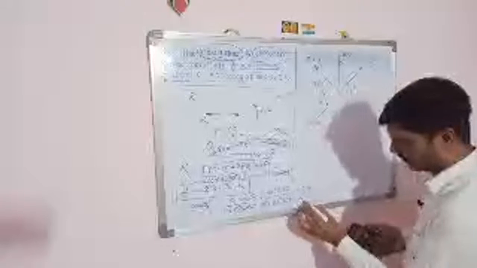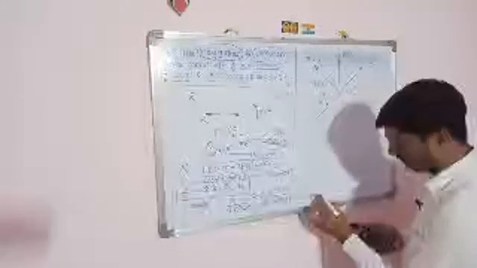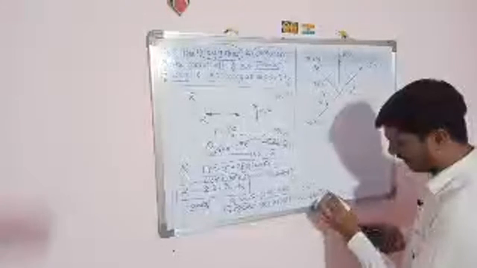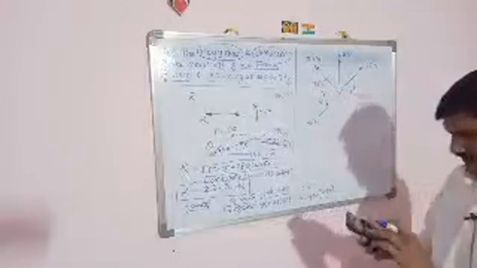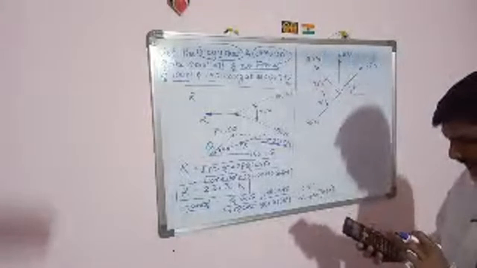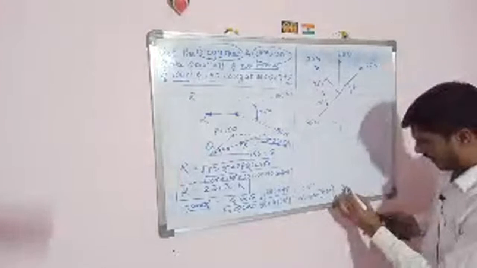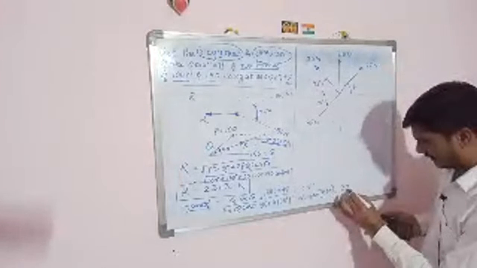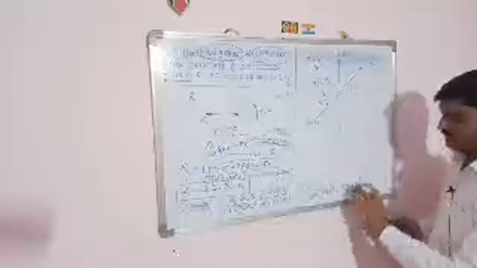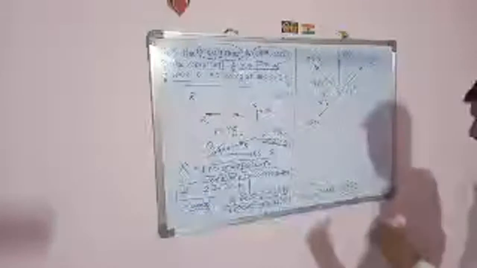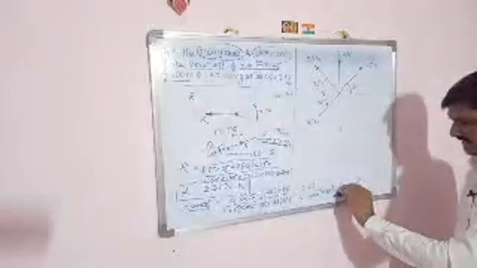Then alpha is equal to tan inverse of 0.51. Again, tan inverse of the answer, you will get 27.23 degree. 27.23 degree means the resultant is acting at an angle of 27 degree.